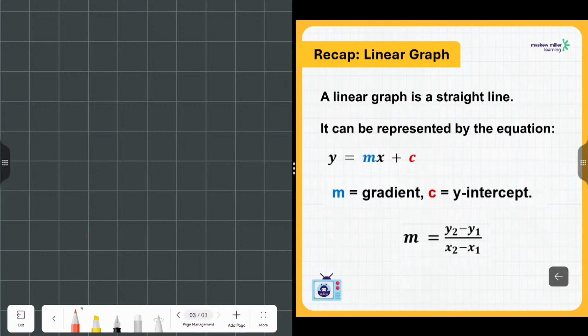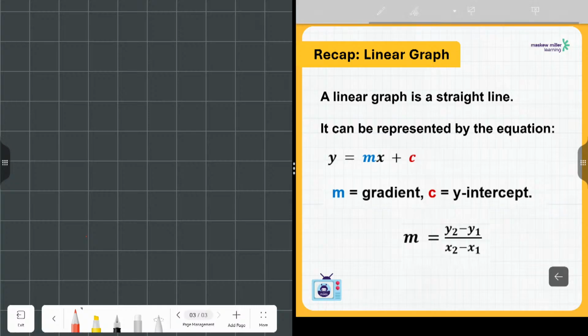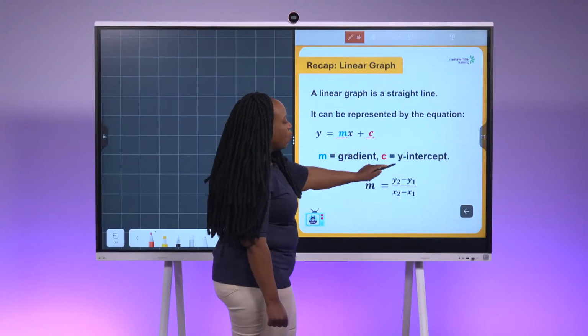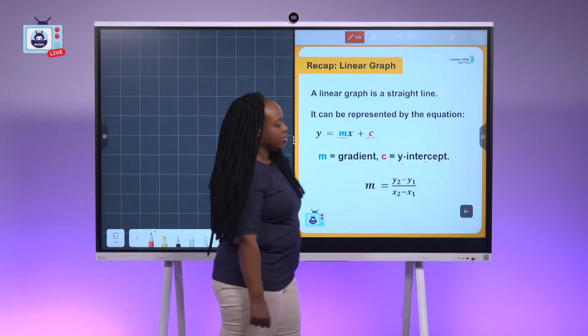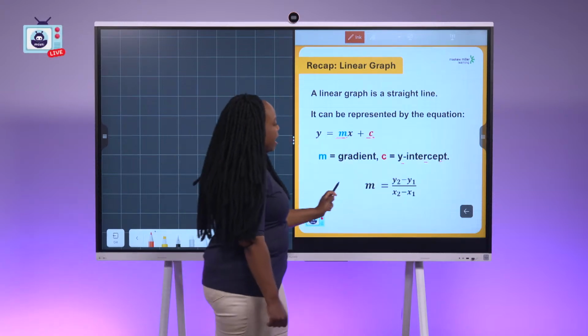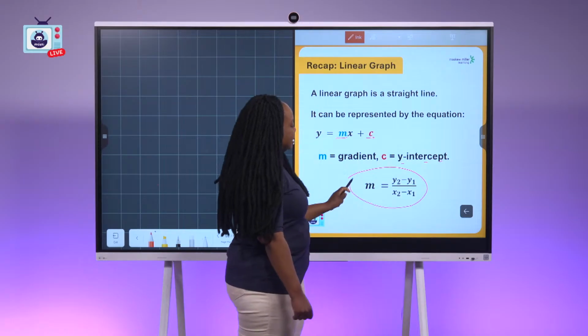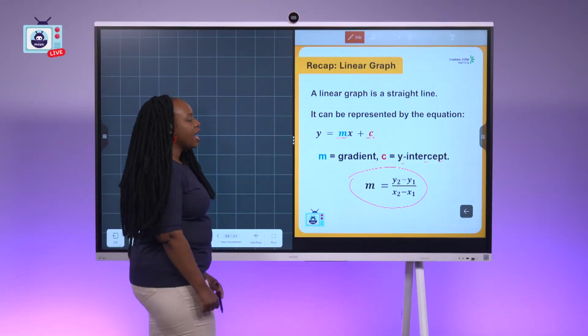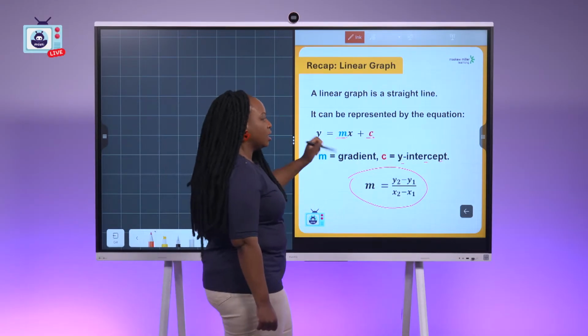Just a recap from the previous lessons: we said that m represents the gradient while c represents the y-intercept. So just to remind you how we calculate the gradient, that's the formula of the gradient. That was the lesson that we did last week.